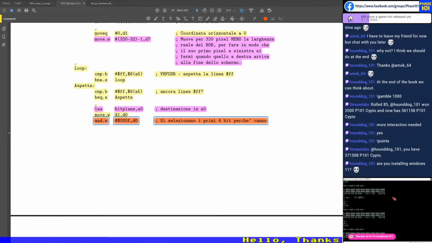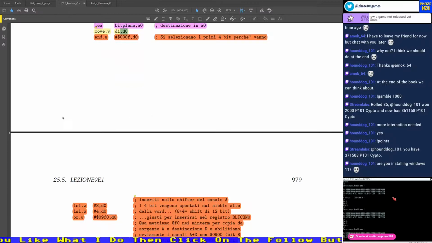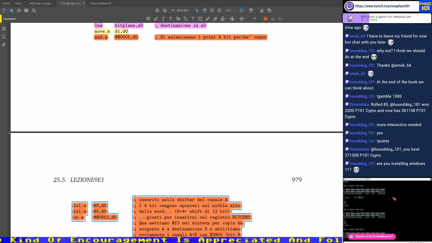As you see, we move where we are on the screen into d0, and there's a reason. Last week we covered this part, it's all in orange, because we want to tell the blitter what shift we need, and the shift number 0 to 15 goes in here. So what we do is we move where we are. Our shift is 0 currently.